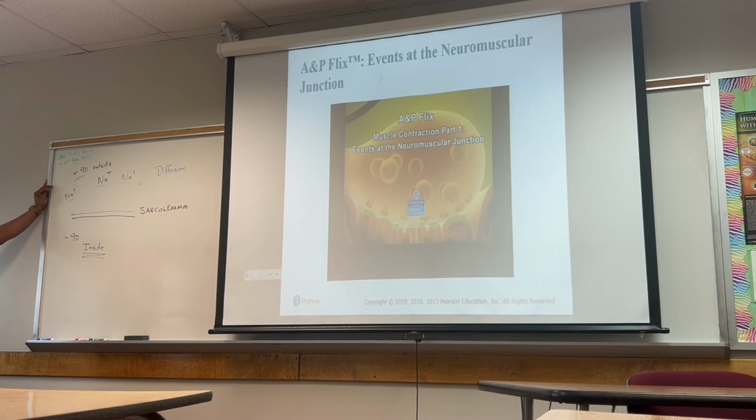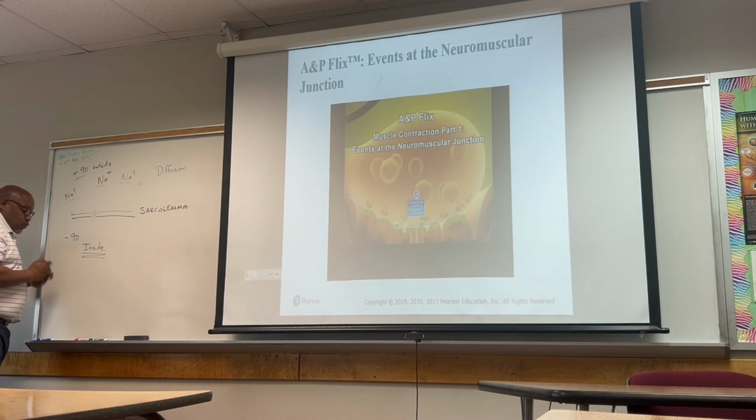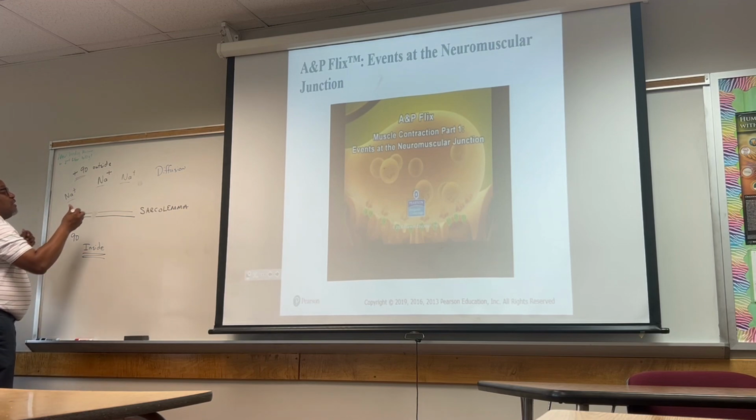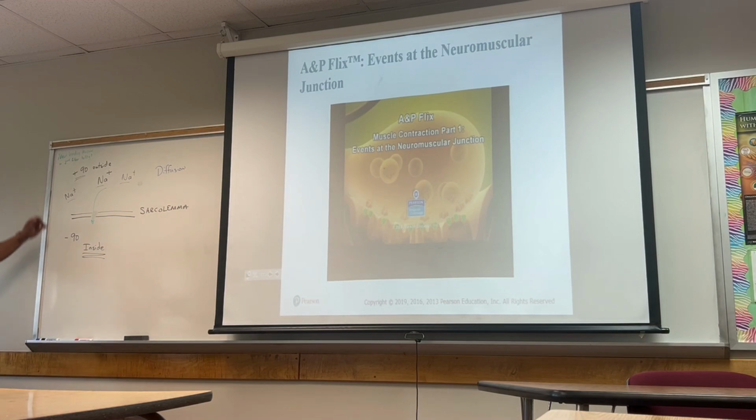When this process happens, acetylcholine is released and goes to the ligand-gated receptor. In the membrane, there's an opening or a hole, okay? When the hole opens up, the sodium goes in because of diffusion. Anybody remember diffusion?